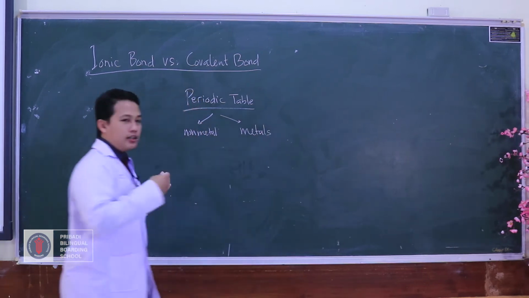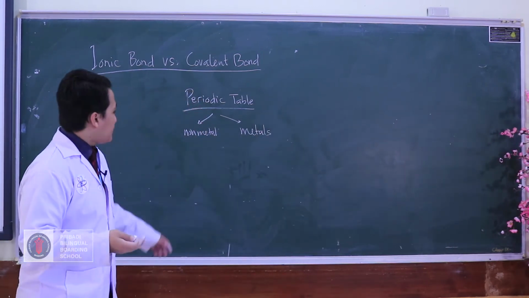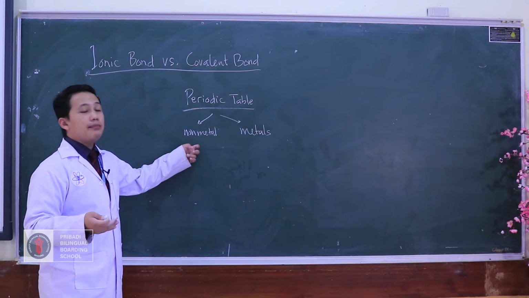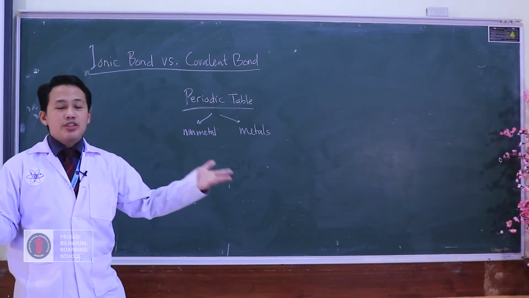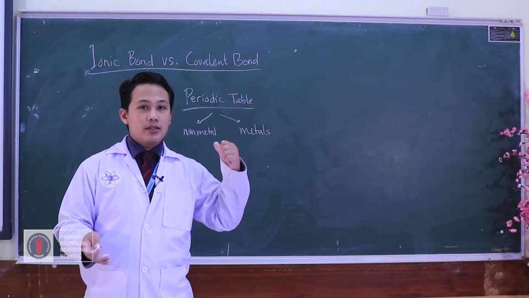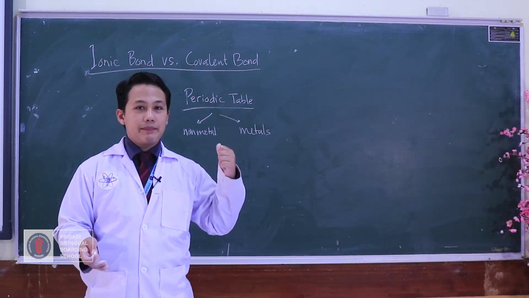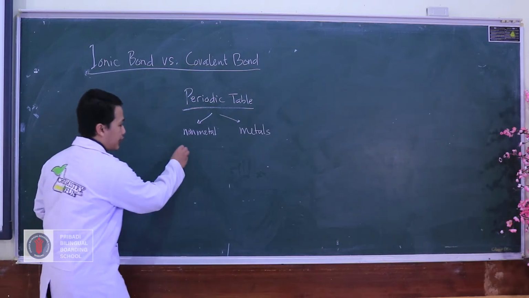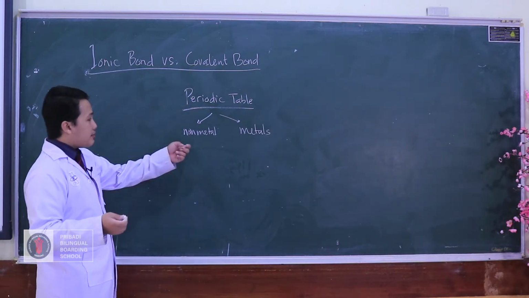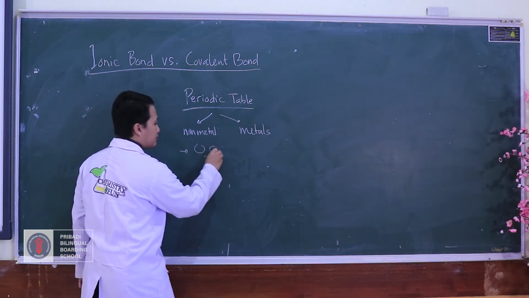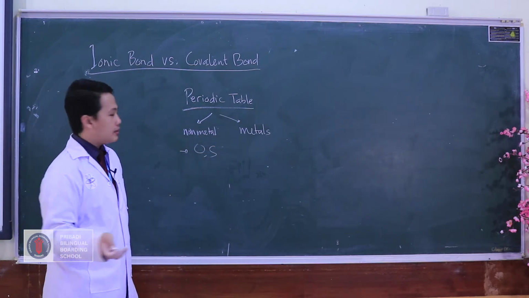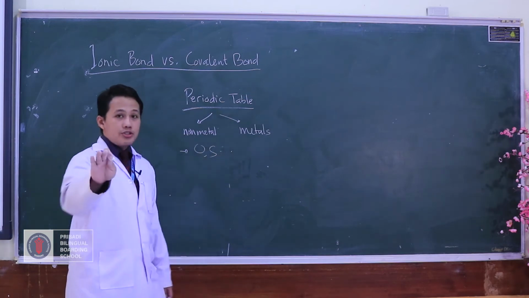Okay, I don't need to mention the examples of non-metals or the examples of metals. Maybe it's your job to try to think what the examples of them are. I'll give you some hints. For non-metal, let's say I have oxygen, and sulfur is also a non-metal, and the rest it's your job.